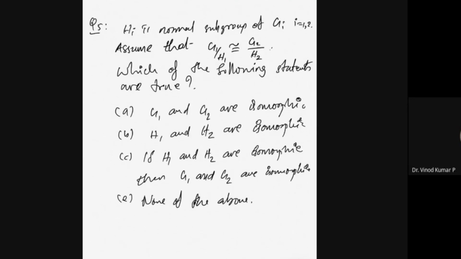So you have two groups G1 and G2 and normal subgroups H1 and H2 such that G1 by H1 is isomorphic to G2 by H2. So the question is whether G1 and G2 are isomorphic. Second question, H1 and H2 are isomorphic. If H1 and H2 are isomorphic, then are G1 and G2 isomorphic, or can all the statements be wrong?